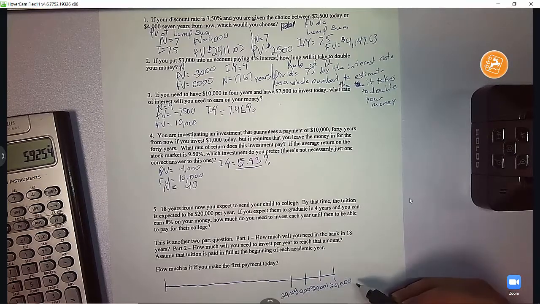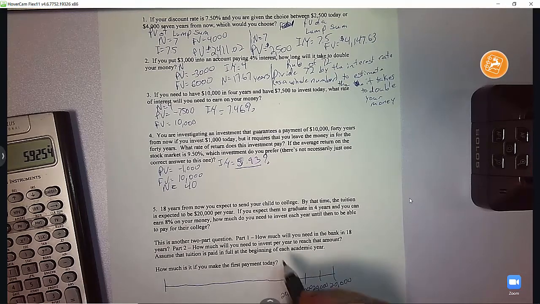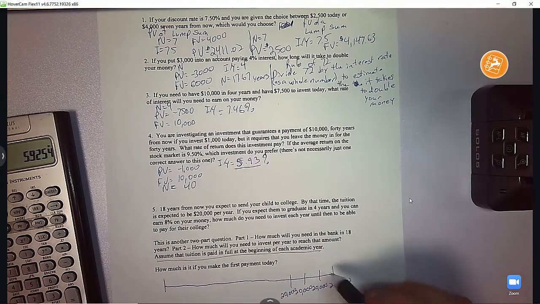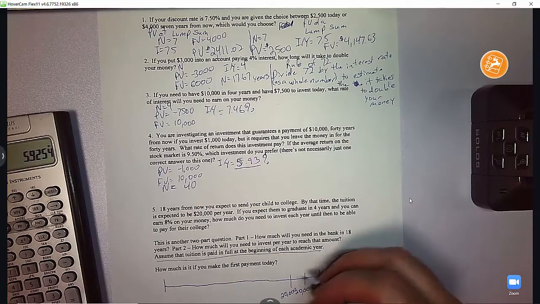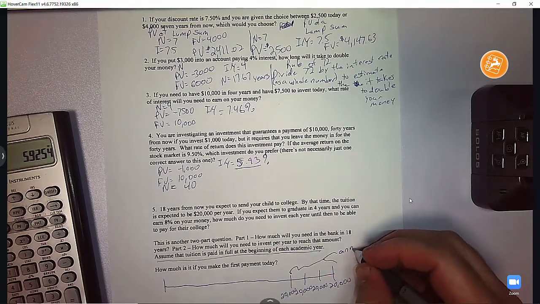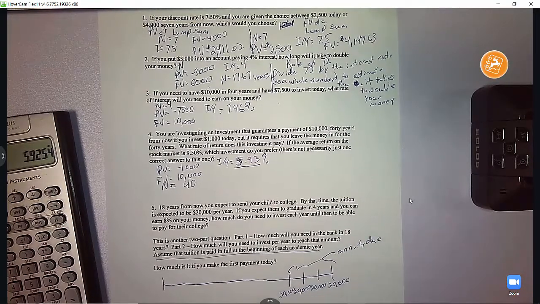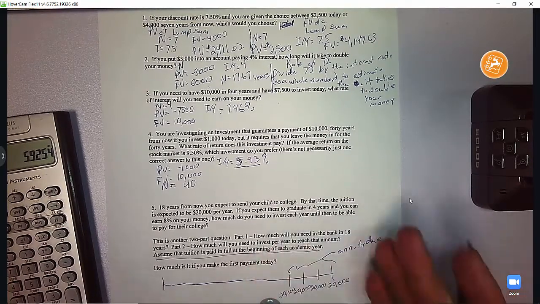So for those 4 years, you're going to make a $20,000 payment at the beginning of each year. Assumed tuition is paid in full at the beginning of each year. Okay? So this is an annuity due, this section of it. Because our payments begin at the beginning of the year, it's an annuity due.